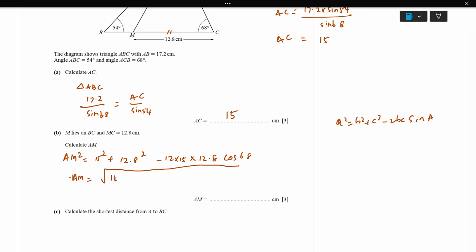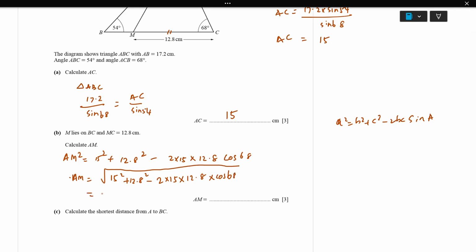Next, AM equal to the square root of the entire thing, which is 15 square plus 12.8 square minus 2 times 15 into 12.8 into cos 68.